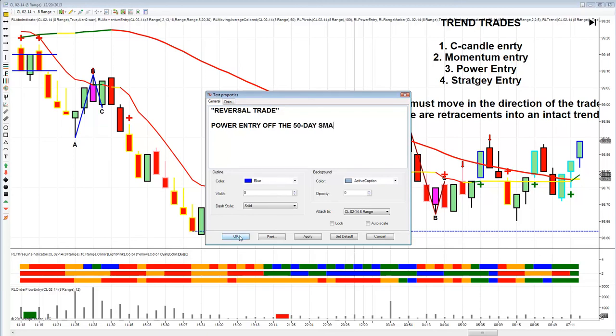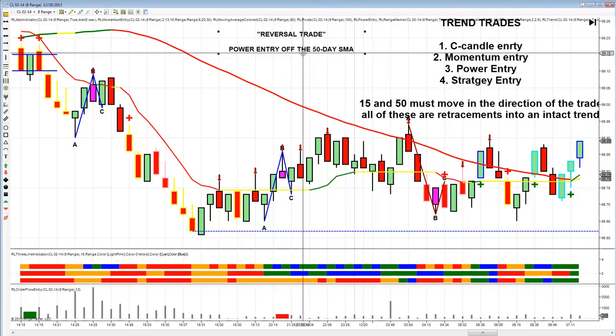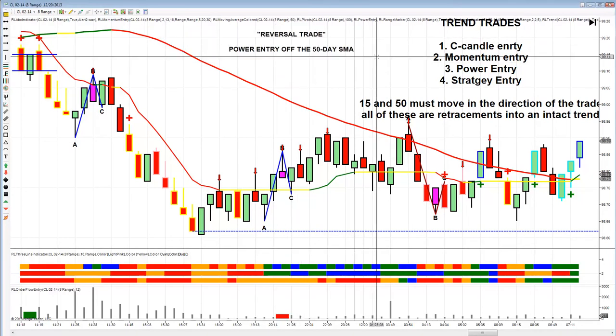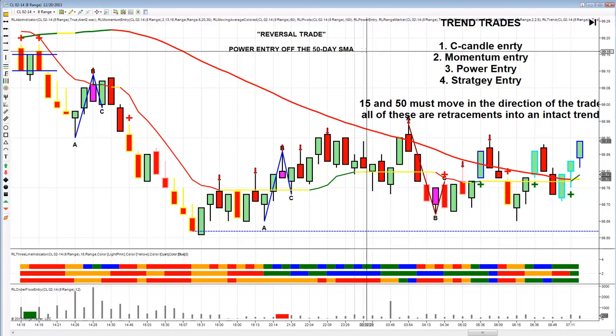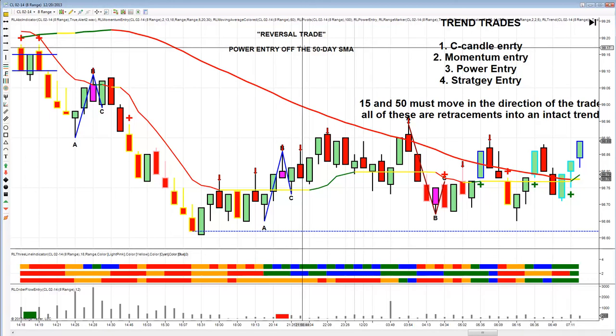The reason I call them reversal trades is because they are going to be against the direction of order flow, stochastic, and momentum in most cases. They really aren't reversal trades. Remember, they're a deep retracement back into an intact trend.